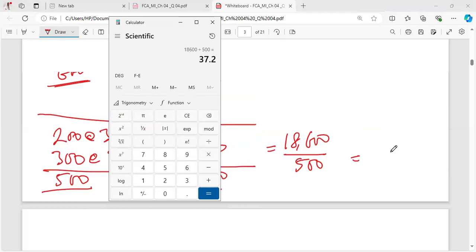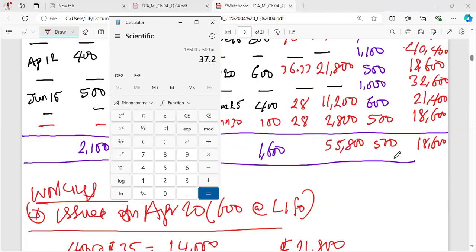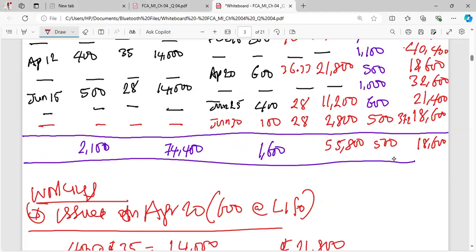So it means the value of this is at 37.2. So in case you are taking it as the opening stock for the new period, you take it at 37.2. So we said this is your purchase figure. This is your cost of sales. And this is your closing.